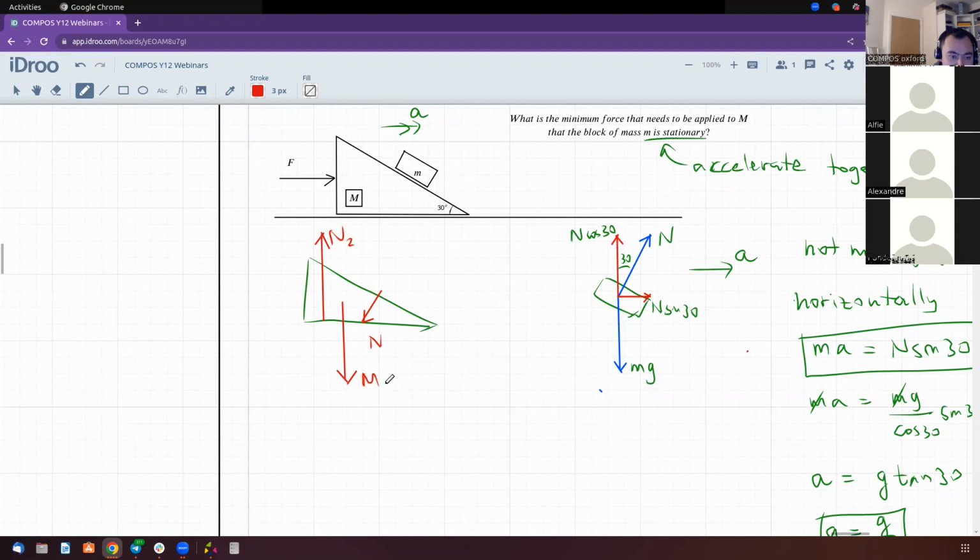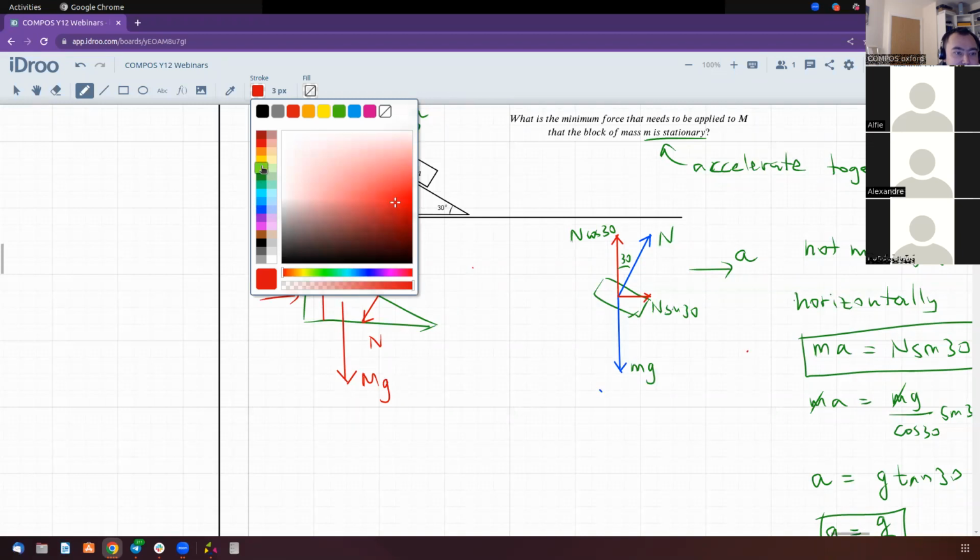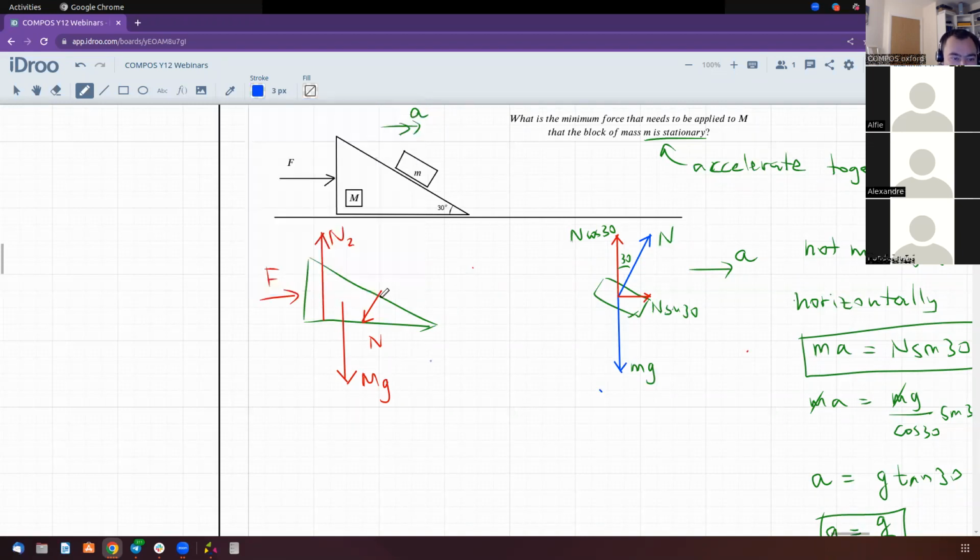We have the gravity pulling down, and we have a horizontal force F. So which force do we need to split, guys? Which force do we split into components? N, of course. Well done. Yes, N. We don't split any other force, and you can see that it becomes super easy when we do this. So this is N cos 30. This is N sine 30.